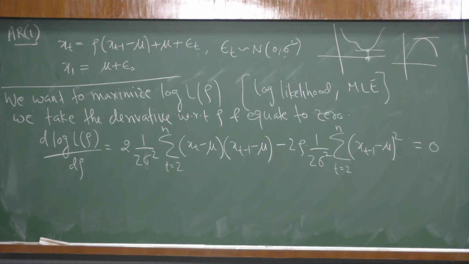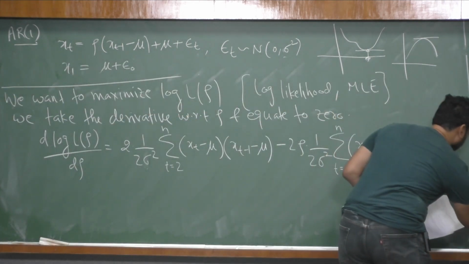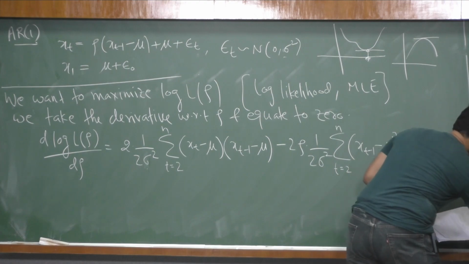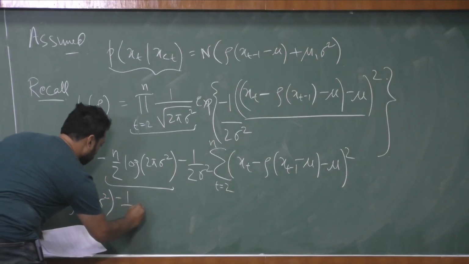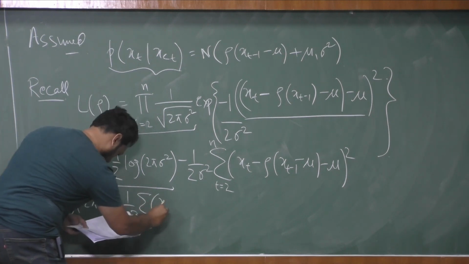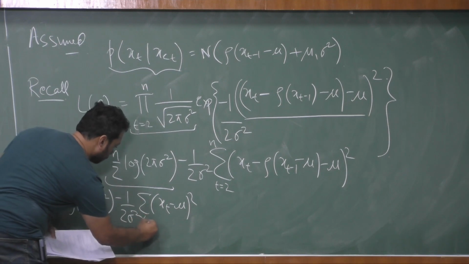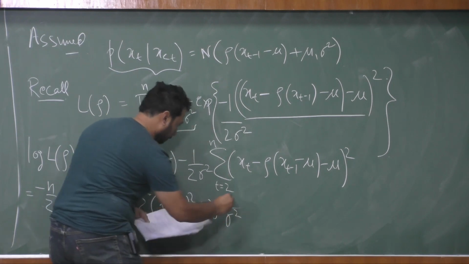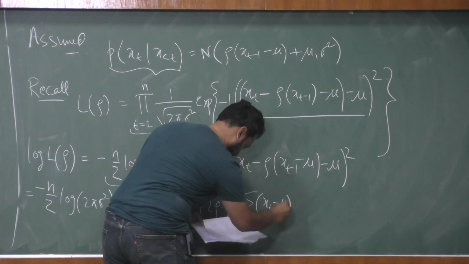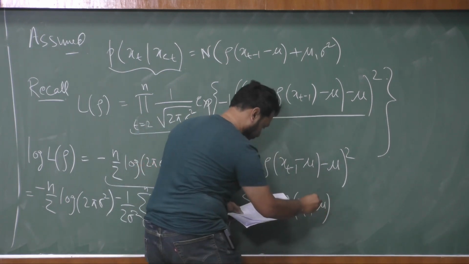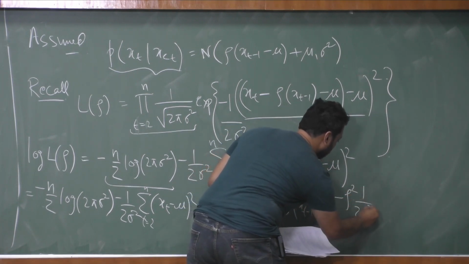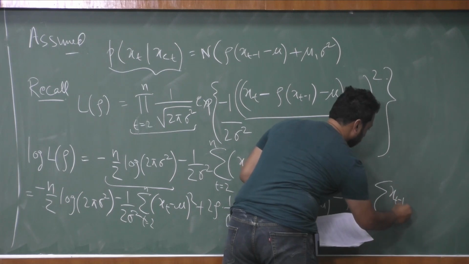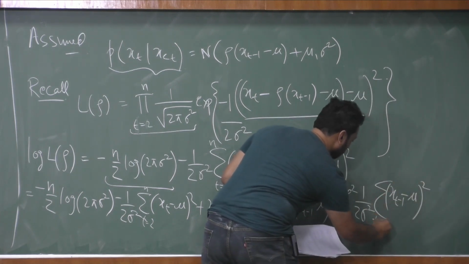So you can square those terms. For your benefit, I can do this additional expansion so that you can check this: log of 2 pi sigma squared, minus 1 by 2 sigma squared the sum of (xt minus mu) squared for t equals 2 to n, plus 2 rho 1 by sigma squared the sum of (xt minus mu)(xt-1 minus mu), minus rho squared 1 by 2 sigma squared the sum of (xt-1 minus mu) whole squared, t equals 2 to n.